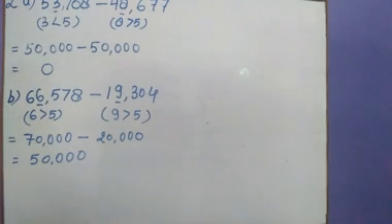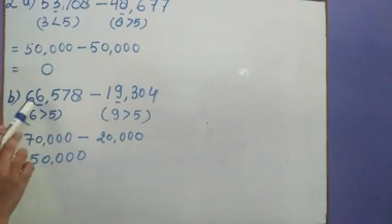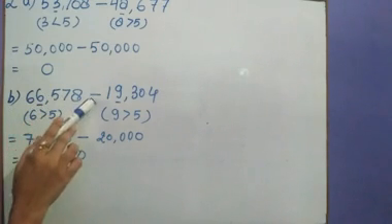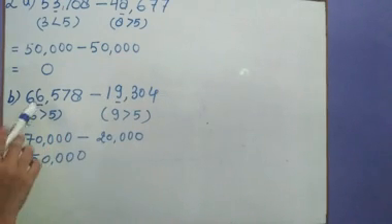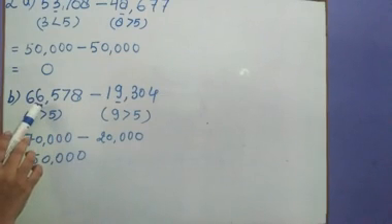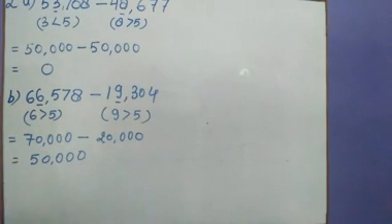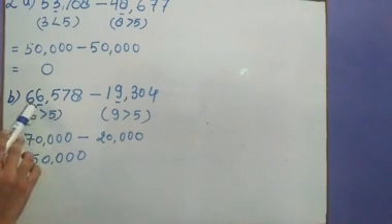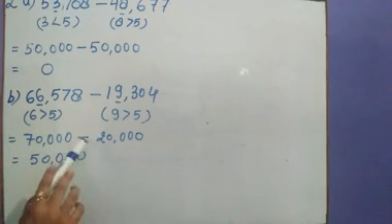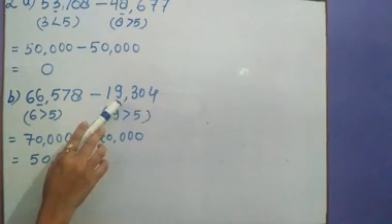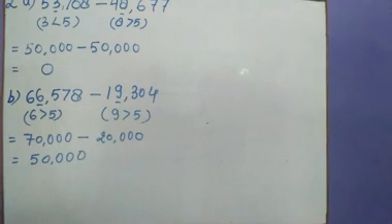The next is B. 66,578 minus 19,304. Here, the digit at 1000 place is 6, and 6 is more than 5. So 66,578 will be rounded up to 70,000 minus, the digit at 1000 place is 9, which is more than 5.